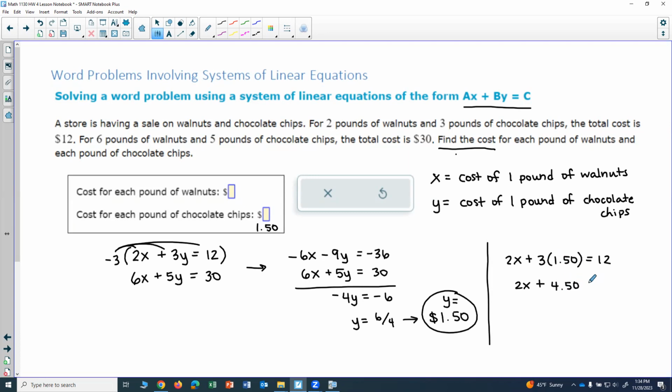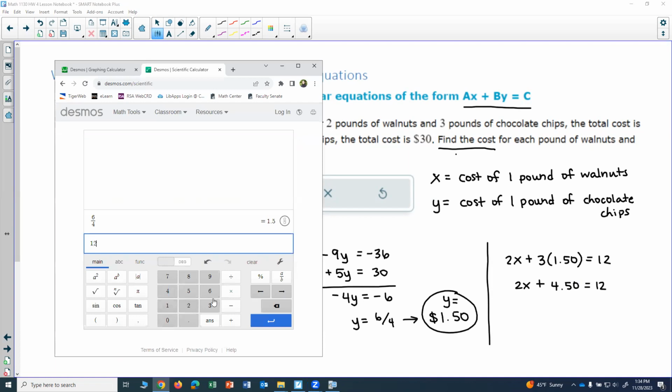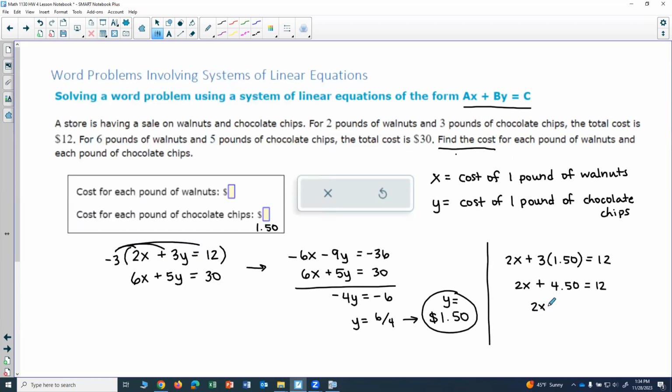So 2x plus 4.50 equals 12. Subtract 4.50 from both sides. So I'll do 12 minus 4.5, so 7.5. So 2x equals 7.50.